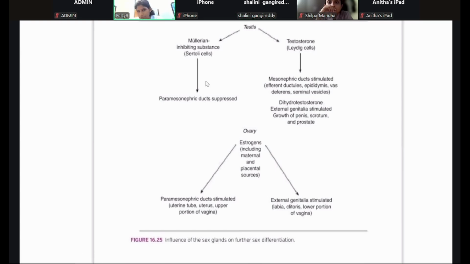The testis will produce testosterone from the Leydig cells, which is necessary for the development of the mesonephric ducts. The testis will also produce Mullerian inhibiting substance from the Sertoli cells, which will suppress the paramesonephric duct.